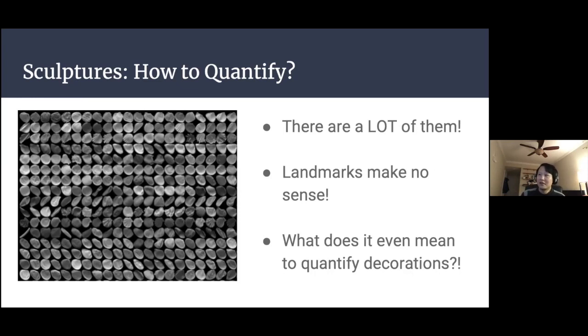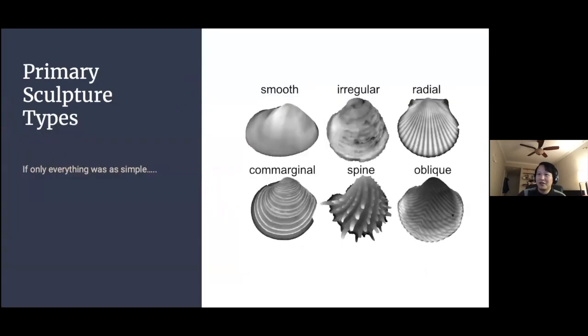And moreover, it's a very vague question, a chicken and egg question to begin with. What does it even mean to quantify these decorations or sculptures? What does it really mean that we have captured the variability here? So in the ideal world, there should be some major patterns of sculpture which we can relatively easily recognize.